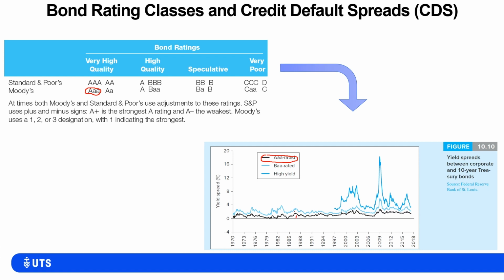On the other hand, the BAA bonds, which have relatively lower ratings than the AAA bonds, demonstrate relatively higher credit default spreads compared to AAA bonds.